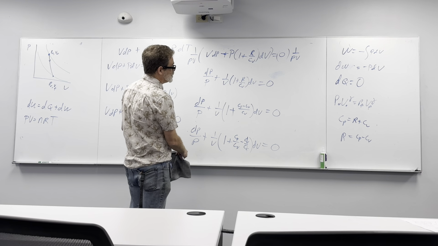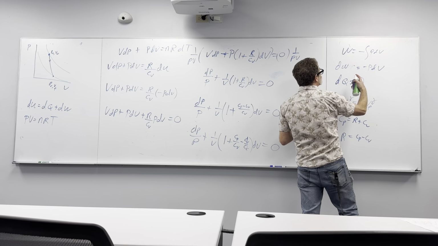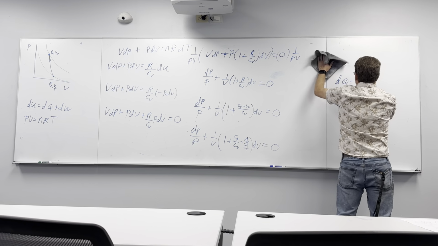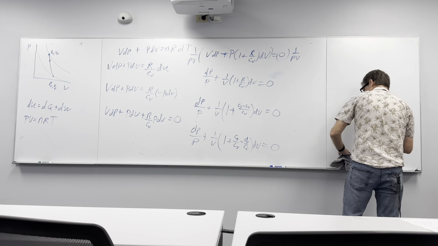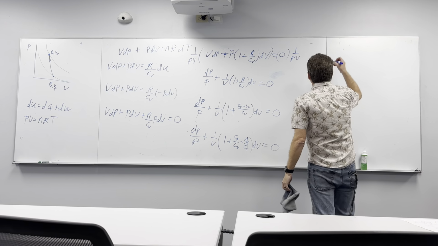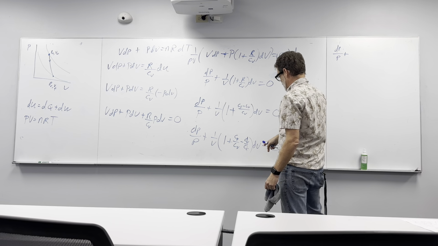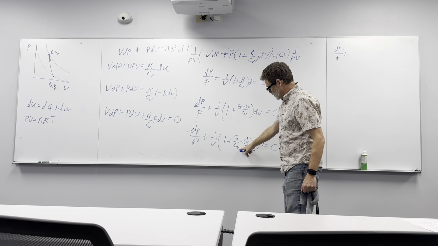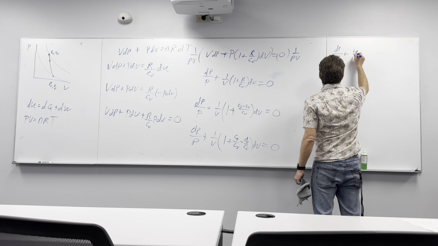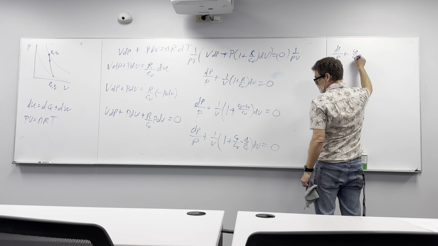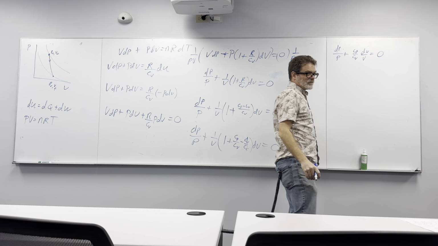Okay, so I need space. Let's take that. Everybody's got this stuff, right? Okay. dP over P plus CP over CV, dV over V equal to 0.